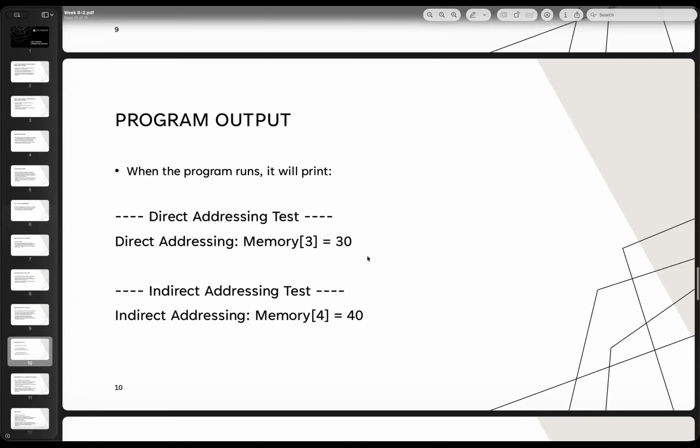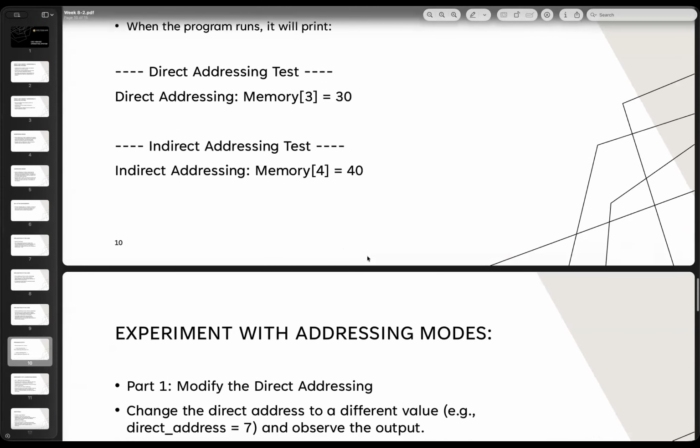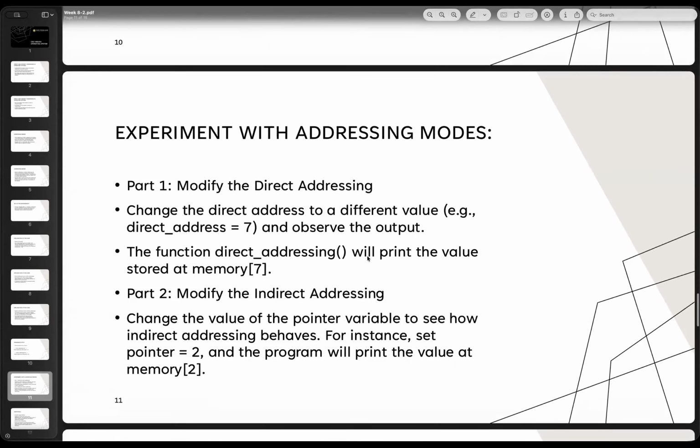If you want to modify the direct addressing, change it to a different value, for example direct address 7, then check the output to see the value stored at memory 7. If we want to modify indirect addressing, we need to change the value of the pointer and see how indirect addressing behaves.